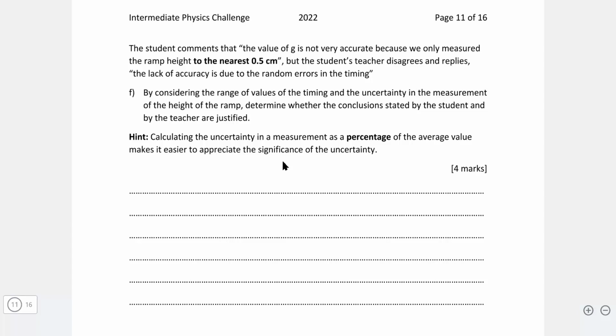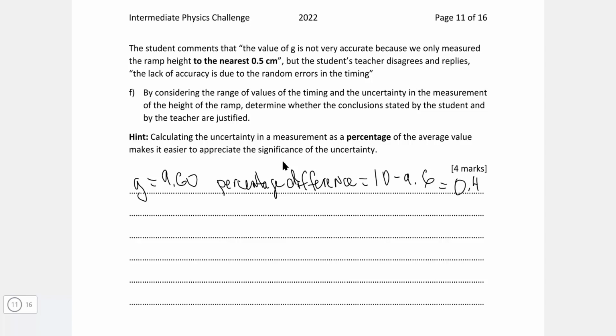So our reading on average was around 9.60, so G was 9.60, and our percentage difference would have been around 10, take away 9.6, which is 0.4, which is going to be approximately equal to 4% out of the accepted measurement.